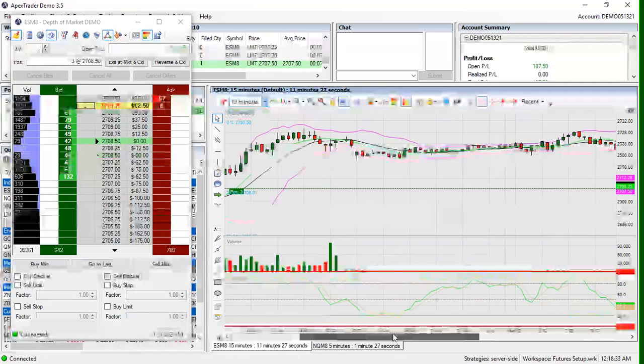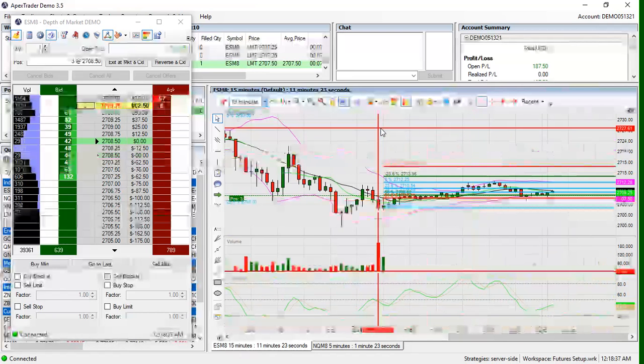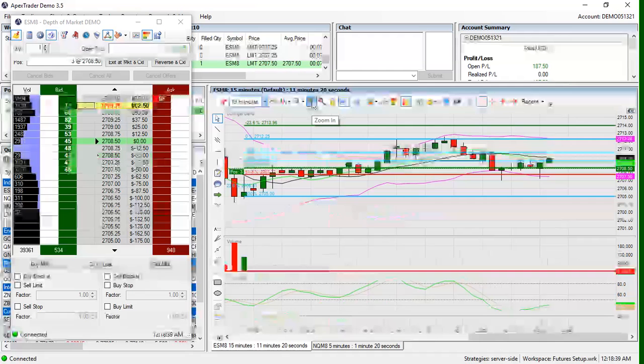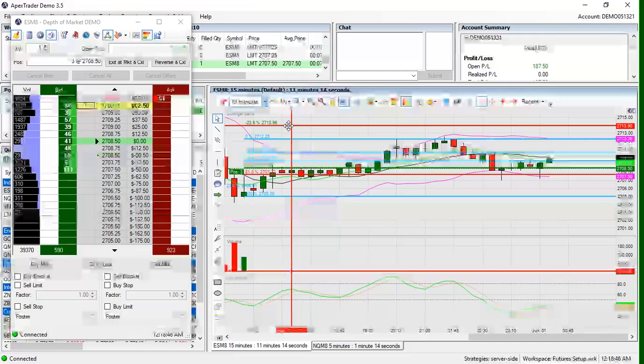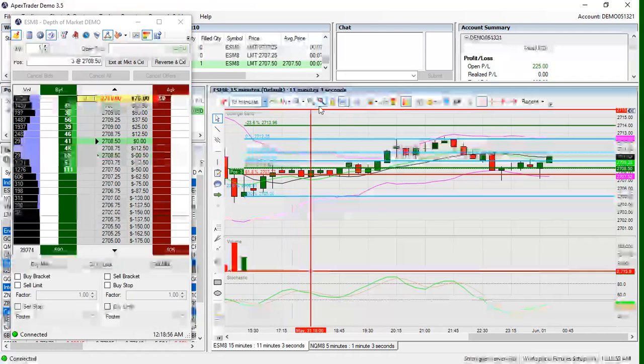So if I go to the 15-minute chart, you'll see that my price target is going to be my negative 23.6 Fibonacci area, which is 27.1396. So I would put my price target at 27.1375 or 27.14.